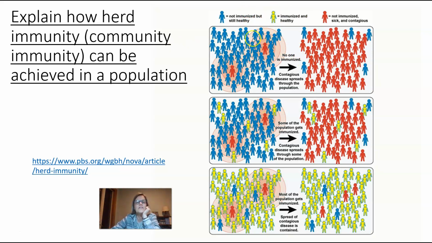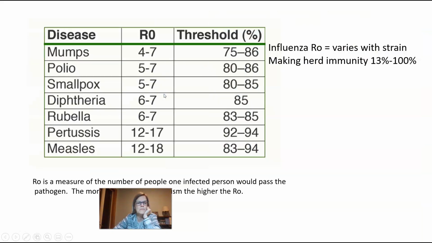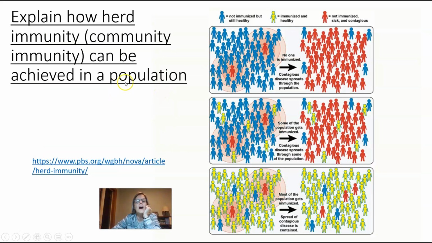But what they're trying to show you, actually, let me just give you a definition of herd immunity before I go on. Herd immunity occurs when enough people in a population are immunized against a pathogen to confer protection to the few people who are not immunized.